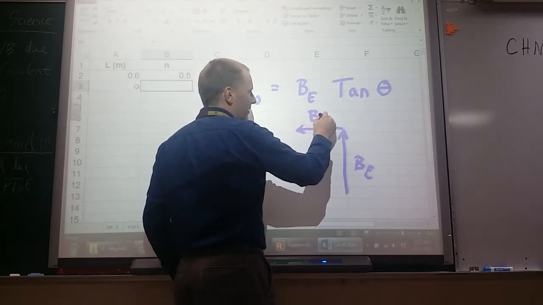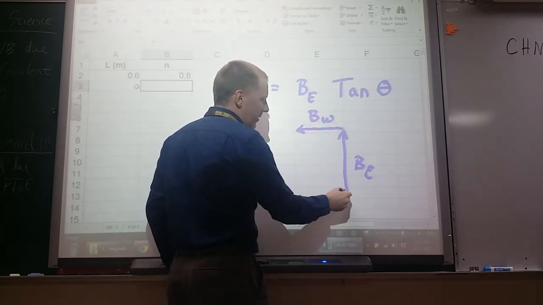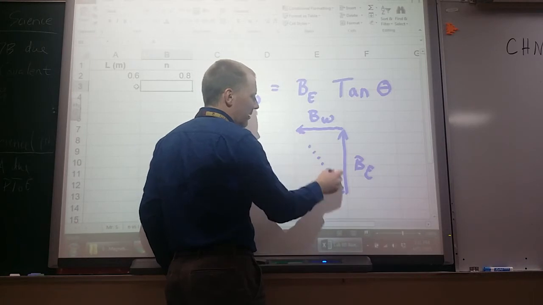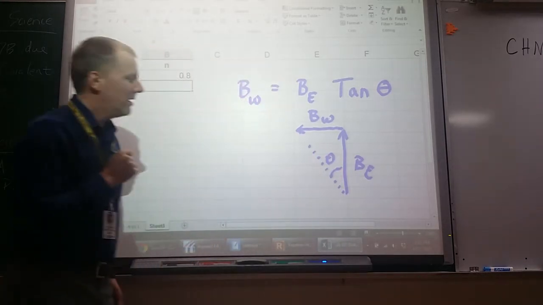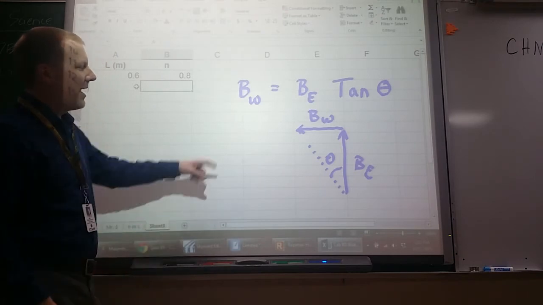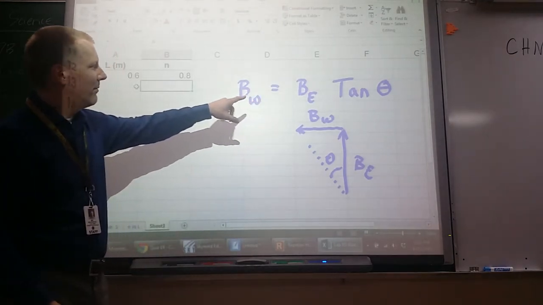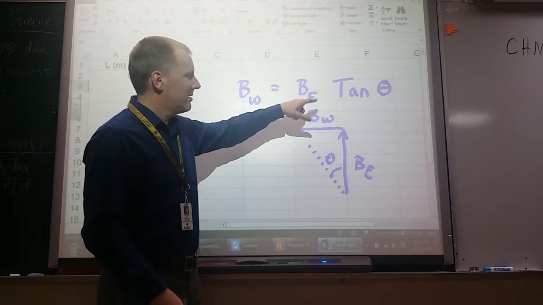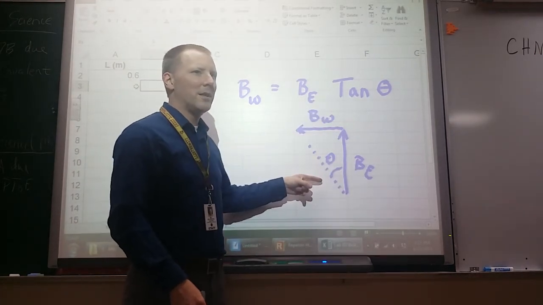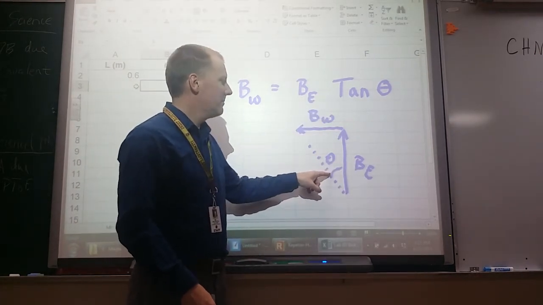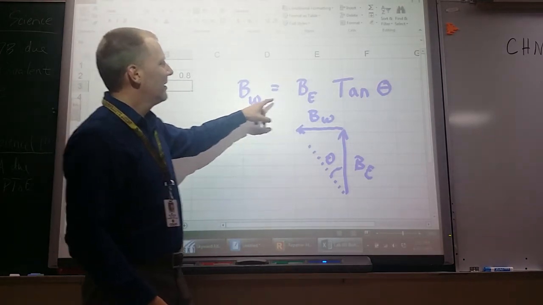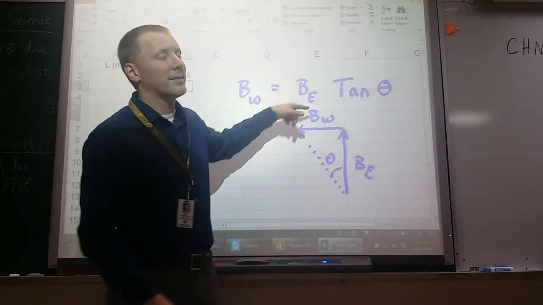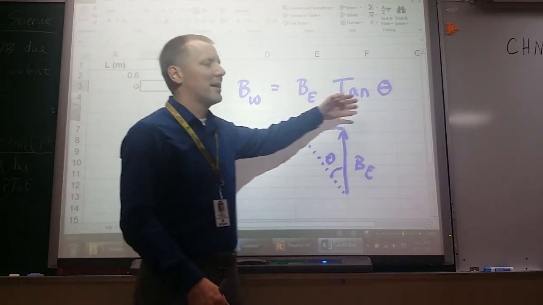Let's just say it's pointing that way. Here's the magnetic field from the wire, and then we measured this angle theta using the compass. That led us to this: the opposite over the adjacent must be equal to the tangent of theta. Since we were interested in the magnetic field from the wire, that must be equal to whatever this constant value from the Earth is times the tangent of theta.